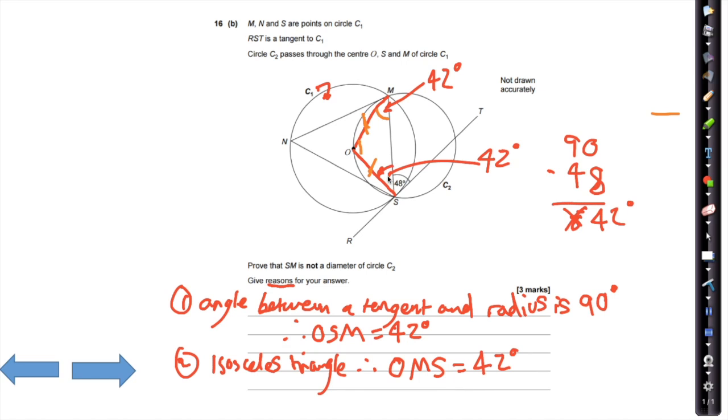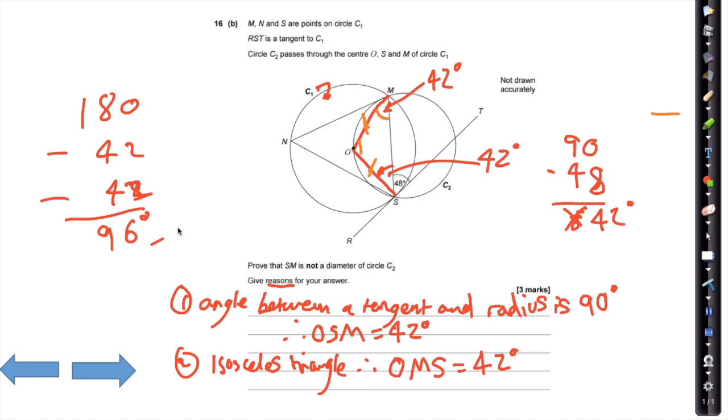What does that mean? Well, that means that if this angle is 42 degrees and this is 42 degrees, then since angles in a triangle add up to 180, 180 minus 42 minus 42 is going to give us 96 degrees.